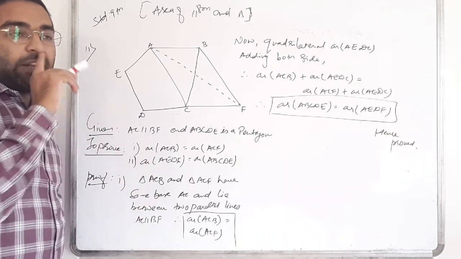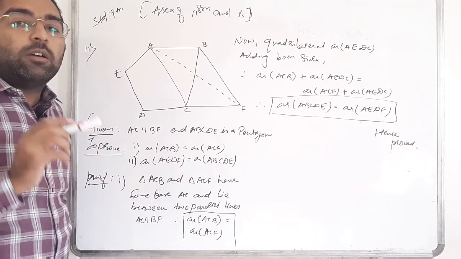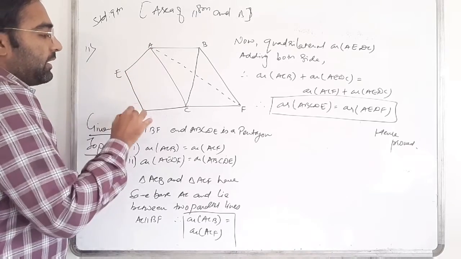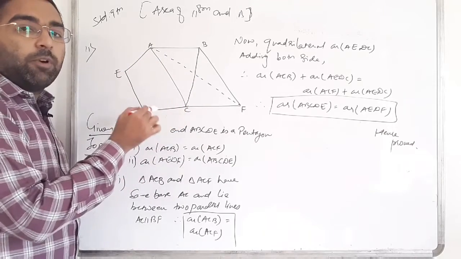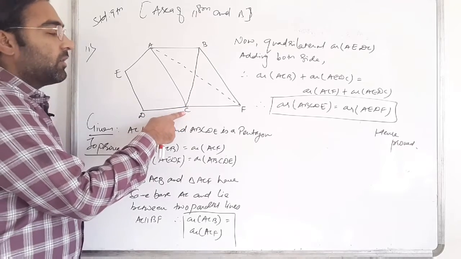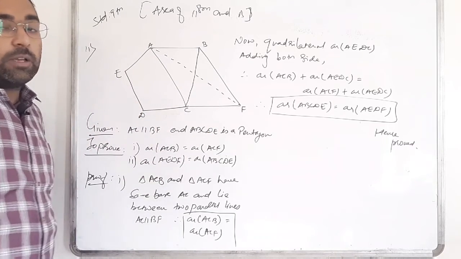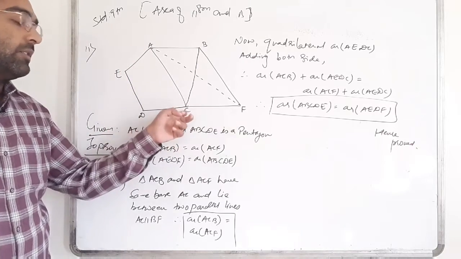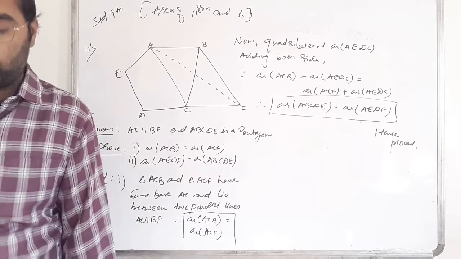So whenever we take any quadrilateral or any figure, we also take its vertices as its name. For the figure AEDCF, C is a middle point of the line, so that's not an ending vertex of the figure. So therefore AEDF is the name of the figure, not considering C. Clear that? So please note down fast.